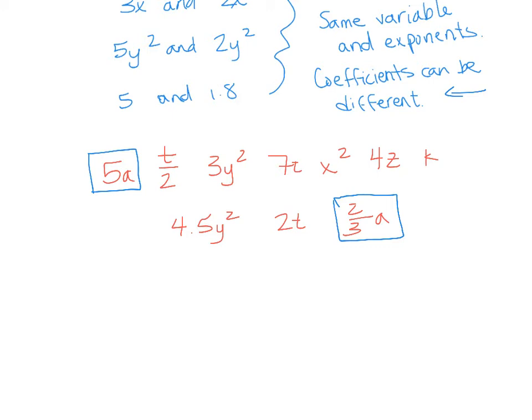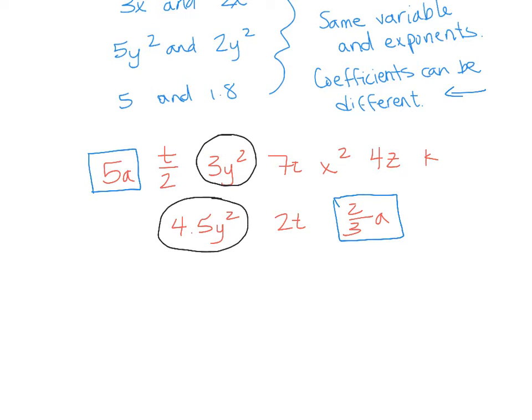Now, I am going to look at another one, and we're going to put a circle around the 3y squared, okay? So if I put a circle around the 3y squared, I'm going to put a circle around any other term that has a y squared, and it looks like this one has a y squared.